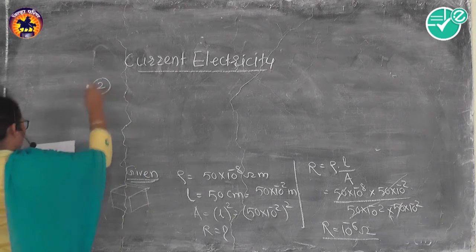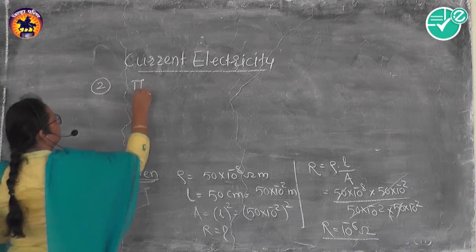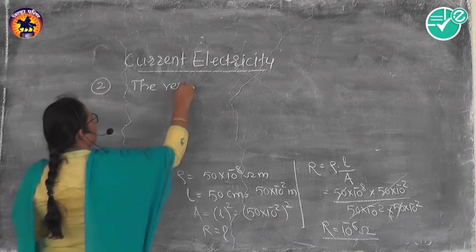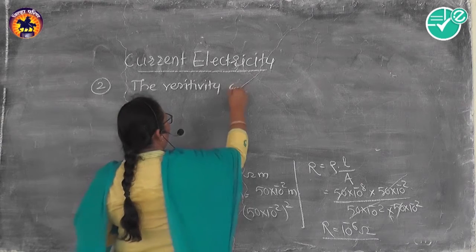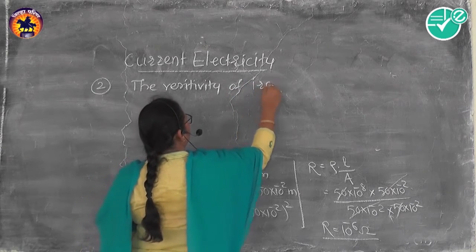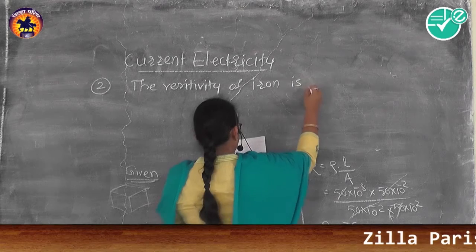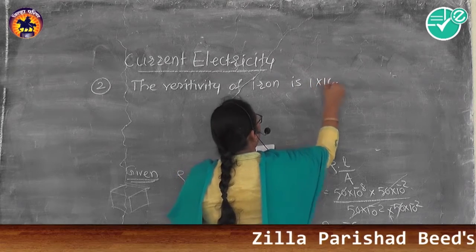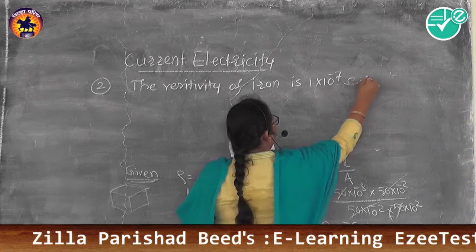that second example, the resistivity of iron is 1 into 10 to the power minus 7 ohm meter.